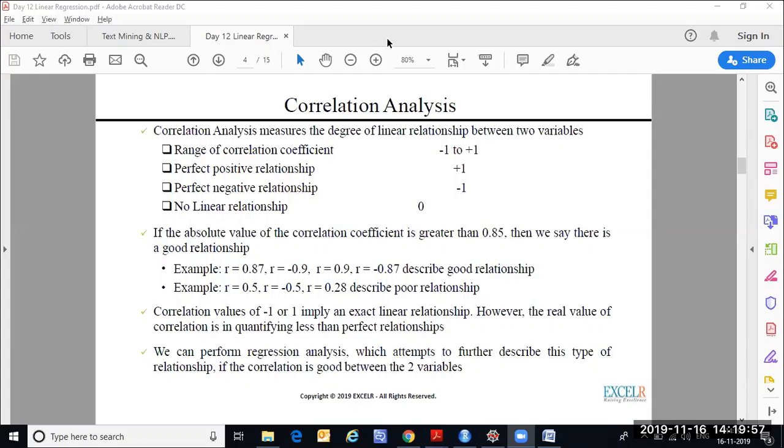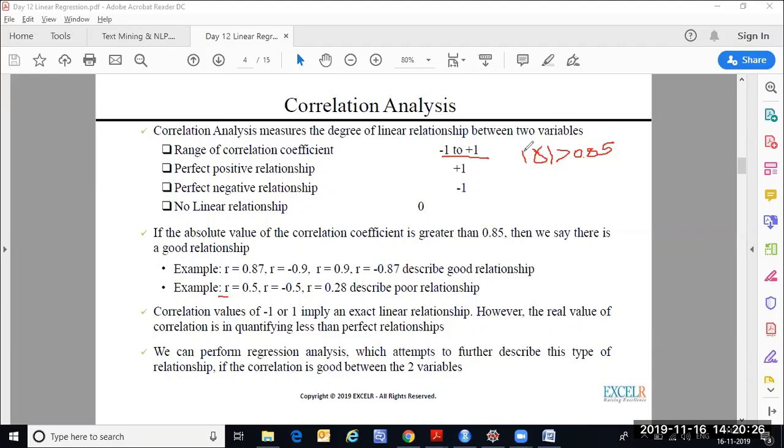When the correlation coefficient r, the range of values it takes is -1 to +1. If the mod of r, the modulus of r, is greater than 0.85, then you call that a very strong relationship.